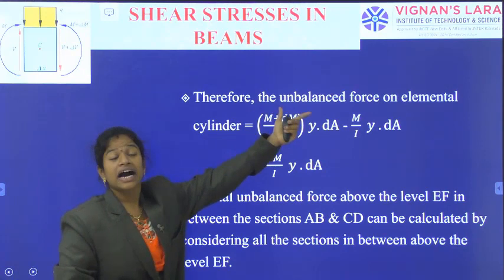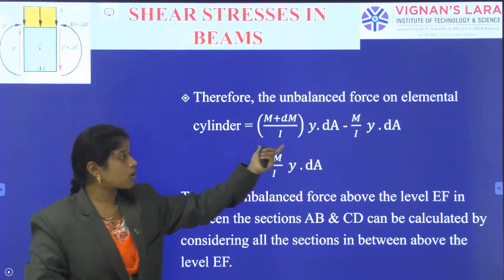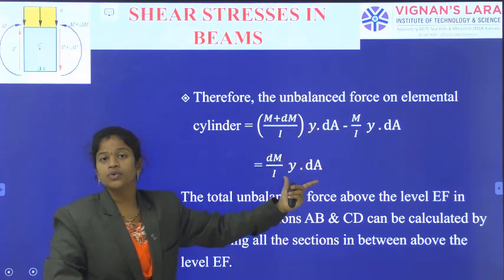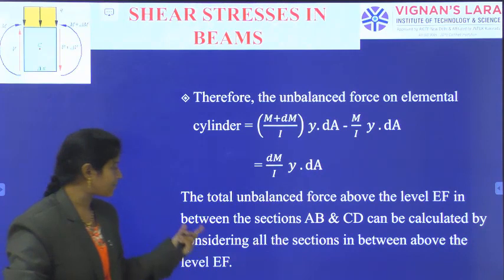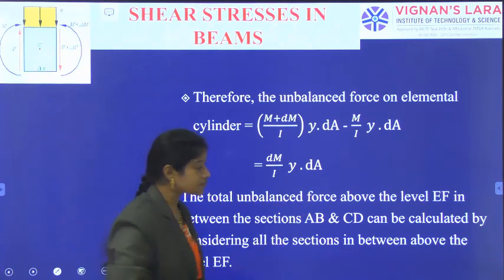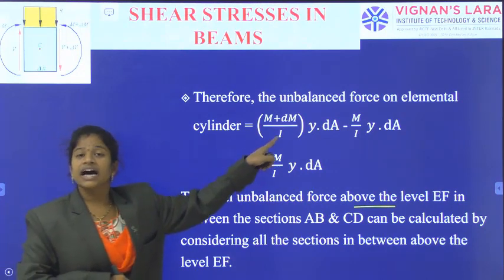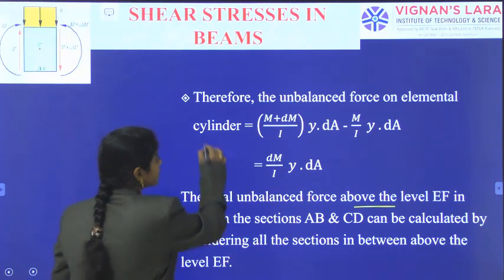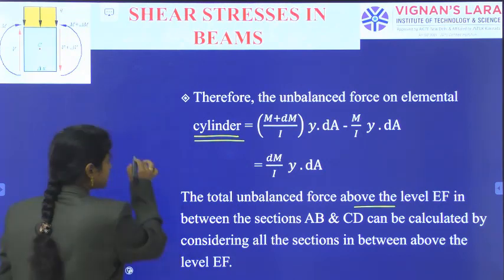Therefore the unbalanced force still acting on the element is the difference of those two, which is dM by I into y into dA. This is the unbalanced force acting on the single cylinder. Only one elemental cylinder is there.